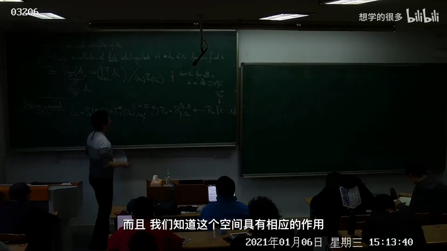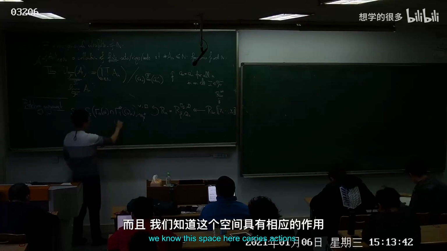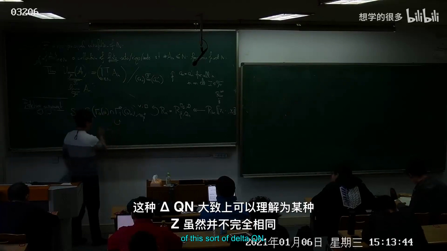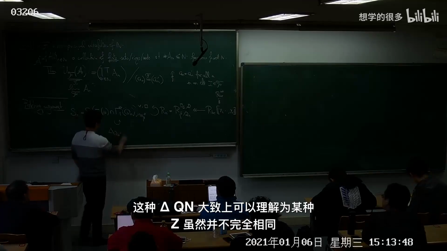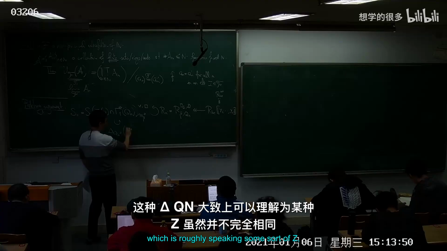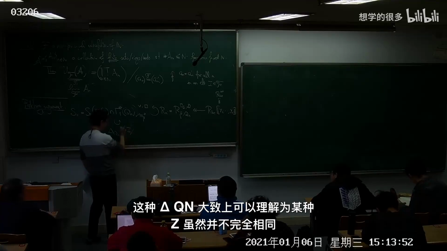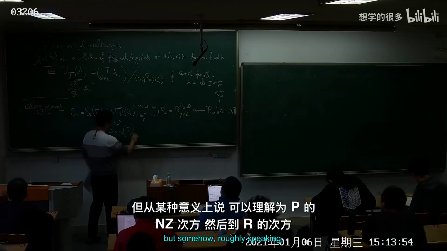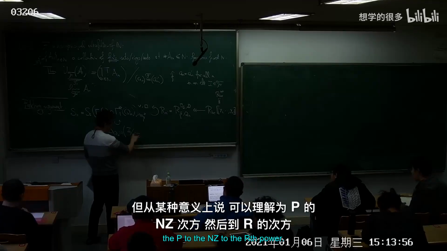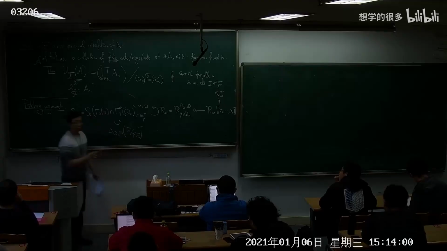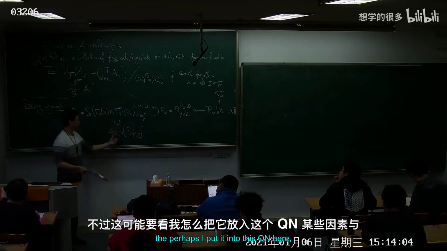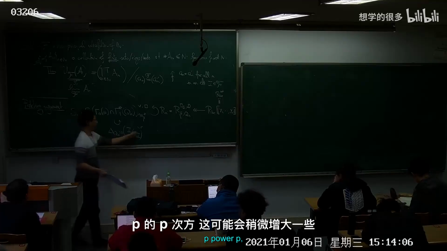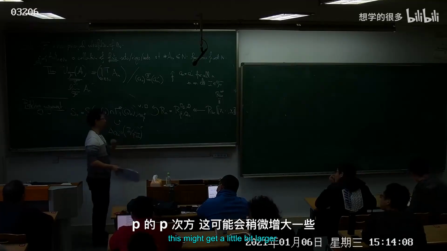And also, we know this space here carries an action of delta_{Q_n}, which is roughly speaking, not quite exactly the same, but roughly Z mod p^n Z to the r-th power. But depending on the parameters I put into this Q_n, if some of them are multiplied by a power of p, this might get a little bit larger.